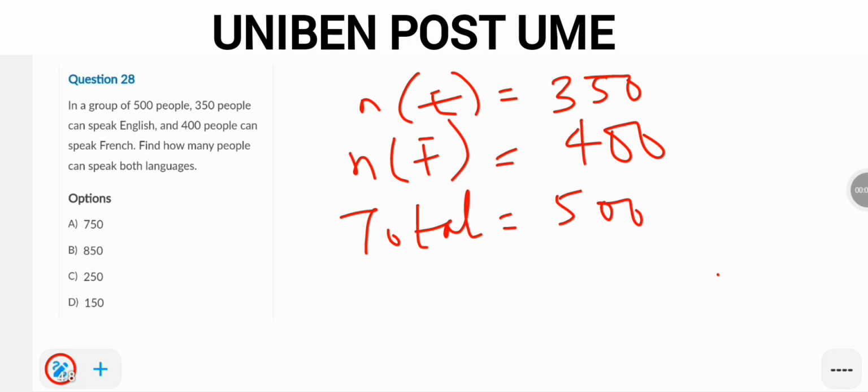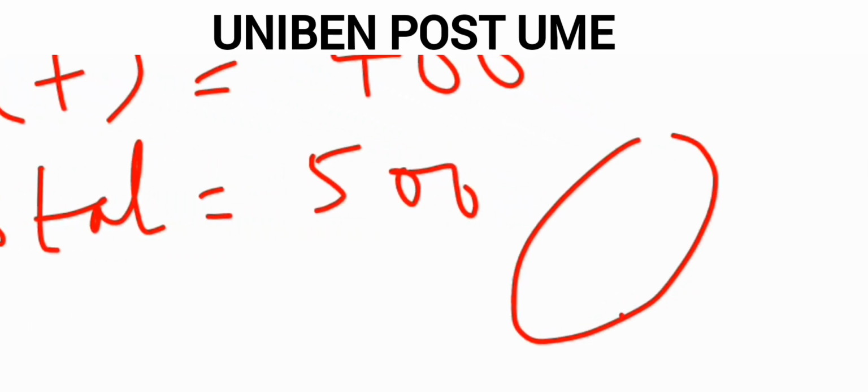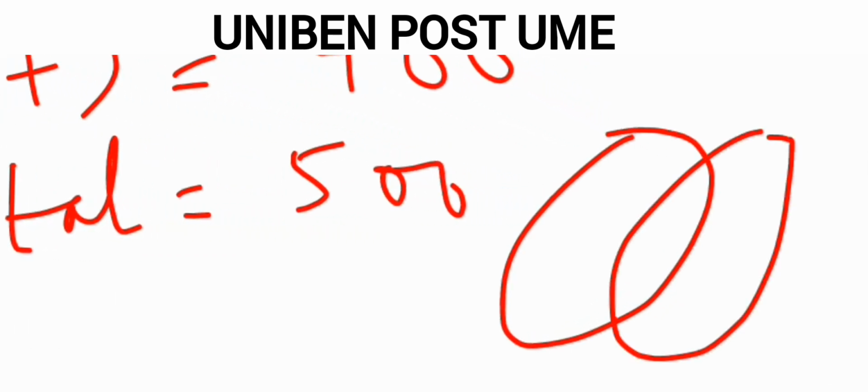So all you have to do is draw a little Venn diagram if you want to solve this question very fast. You have this Venn diagram here. This is E, which stands for English, and this is F, which stands for French. In the intersection, you have what is called X. X is the number of people that can speak both languages.